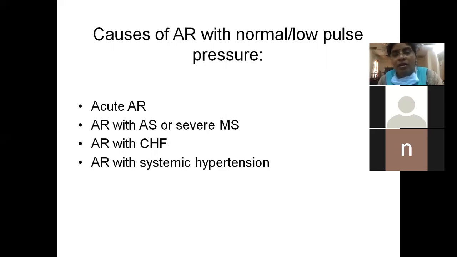We discussed that AR shows a widened pulse pressure, but AR with a normal or low pulse pressure is mainly due to: one, acute AR; second, AR with a combined lesion like AS or severe MS; aortic regurgitation with congestive heart failure; and aortic regurgitation with systemic hypertension, because of the increased diastolic pressures in the systemic hypertension.